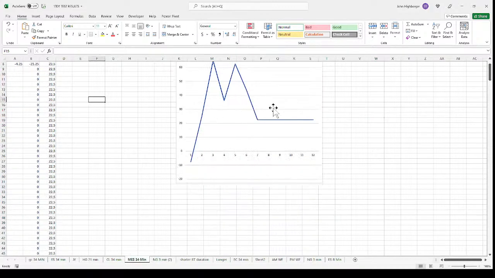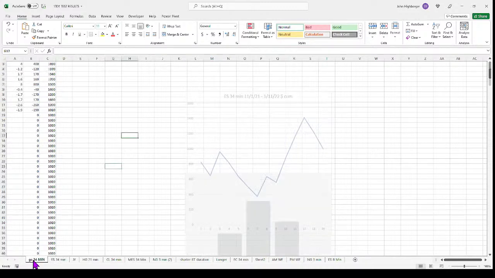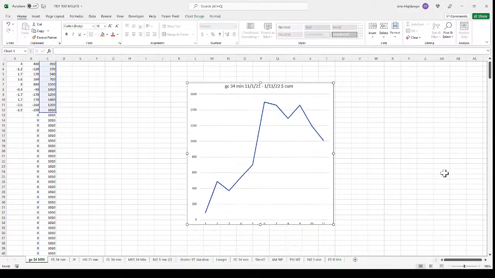This was MES, ES. I don't know why that's down so far. If I can move it up. And this was gold. Just to kind of give you an idea of what I'm playing with and how I'm looking to analyze the data.